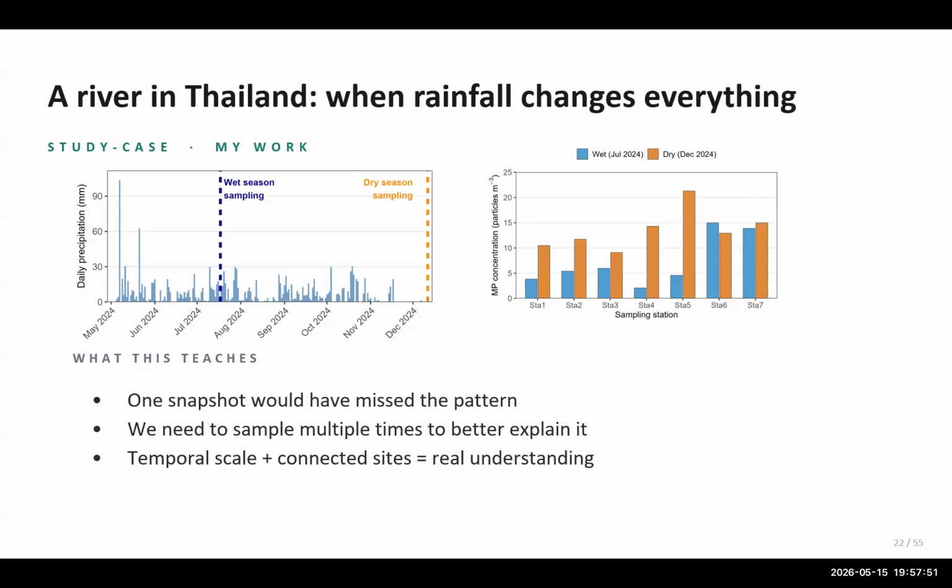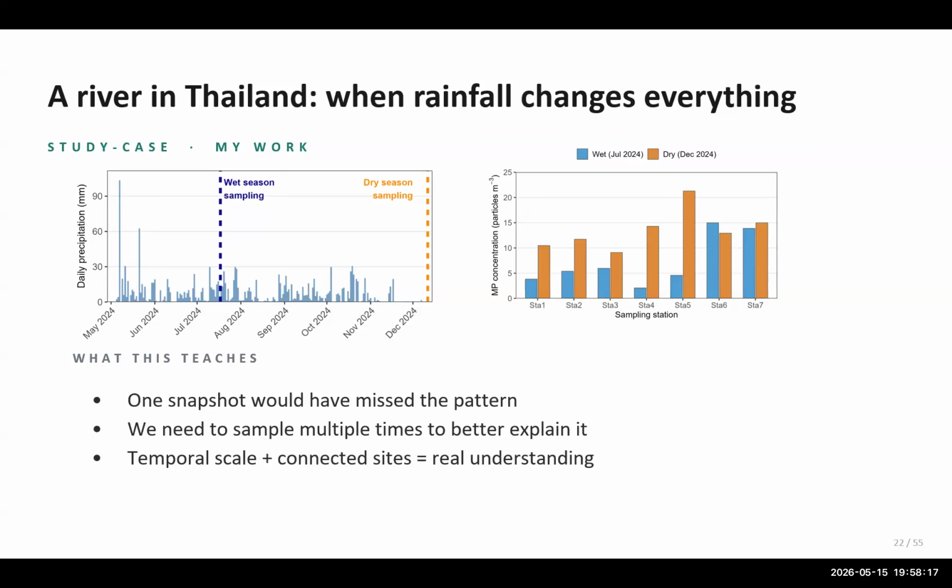So we were expecting the higher concentration in the wet season, but actually we find the opposite. To understand why this happens, we need to look at more, different factors. In this case, the one thing that you need to consider is that, as you can see, the heavy rain started in Thailand in May 2024, that year.